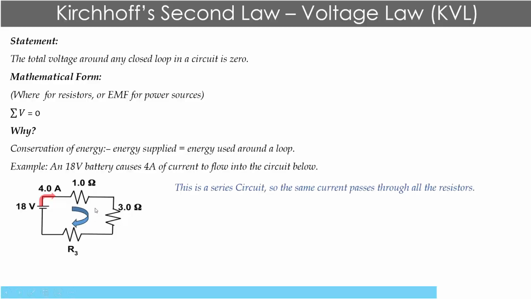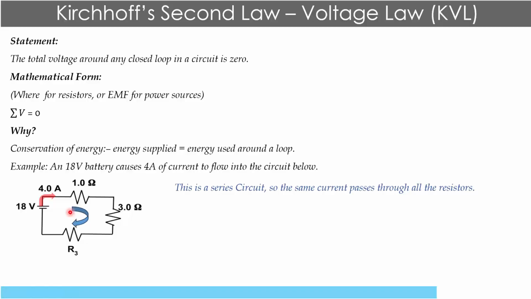In a series circuit, we say that the same current passes through all the resistors. Now, one particular thing of interest is the fact that when we have a series circuit, we have what we call voltage drop across resistors.